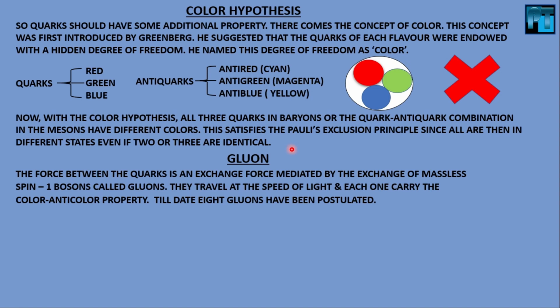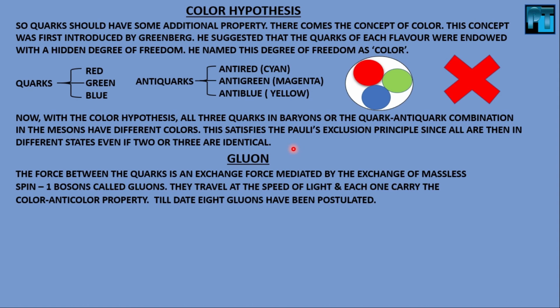Like the photon in electromagnetism, the photon is the mediator, and gluon is also a mediator. But there are very much differences between photon and gluon. Till date, 8 gluons have been postulated, 8 types of gluons. All are spin 1 bosons.